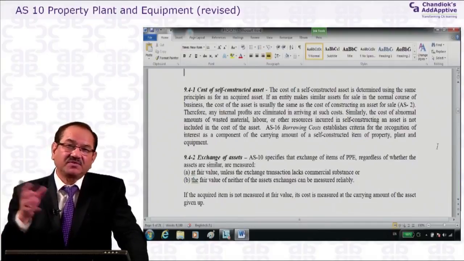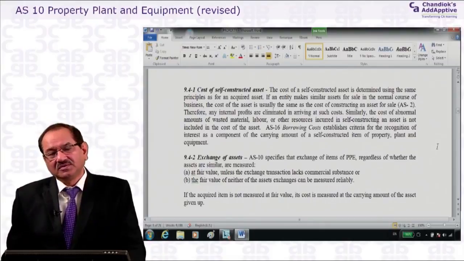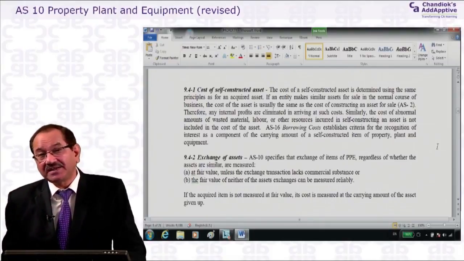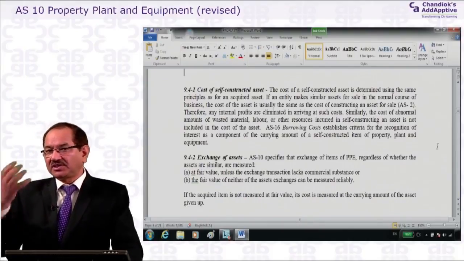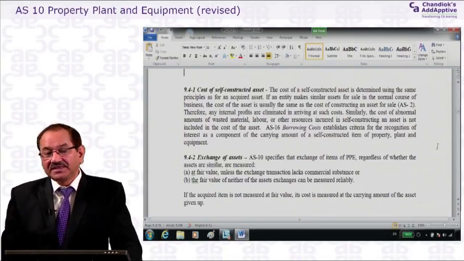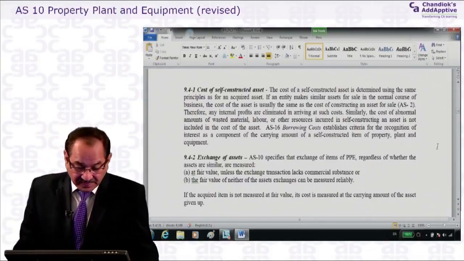Therefore, there is a concept of fair value here. We talked about the initial estimated cost of dismantling, which we calculated at present value. We brought it to fair value of today. Here the same concept of fair value comes in the exchange of assets.